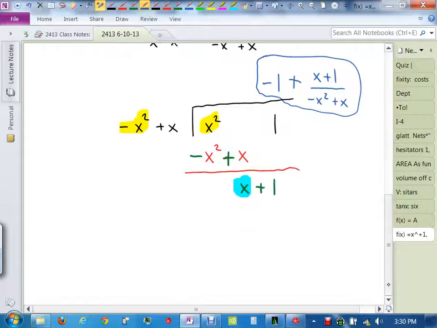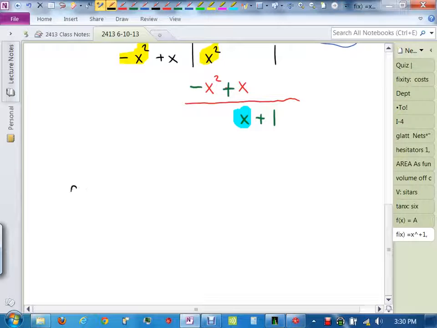Now we want to do f of g of x. So this means we're going to take the f function and we're going to plug in the g function.